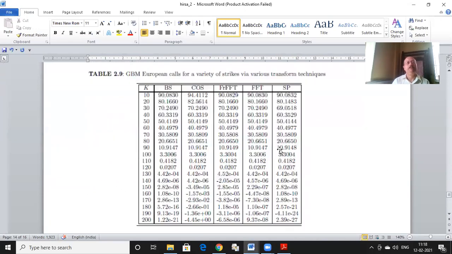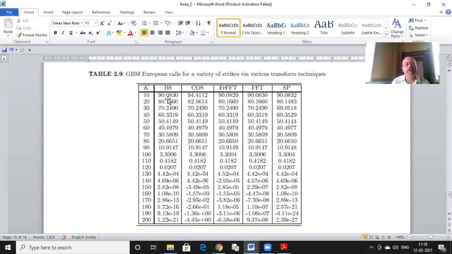For different strike prices, these are the values that I get, and we already know that for near the money options, the cosine and Fourier transform methods are very good. So when I'm operating at say 90 or 80 or 110, 120, which is close to the initial stock price, the precision of these methods is quite good.